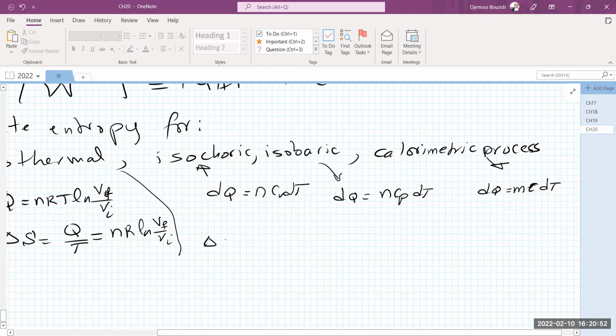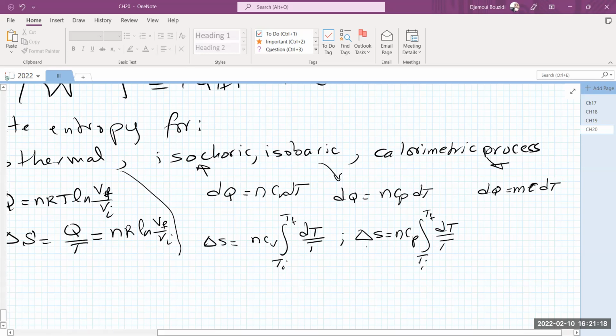So in this case, delta S is going to be nCv times the integral from T initial to T final of dT over T. Remember, I have to divide this quantity by T. For this one, delta S is equal to nCp times the integral from the initial temperature to the final temperature of dT over T. So it's the same integral, with the exception of the coefficient being nCp for the isobaric process, and nCv for the isochoric process.